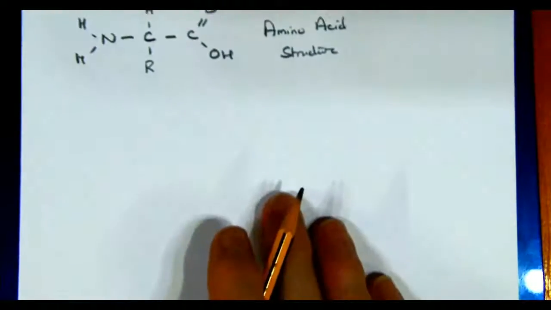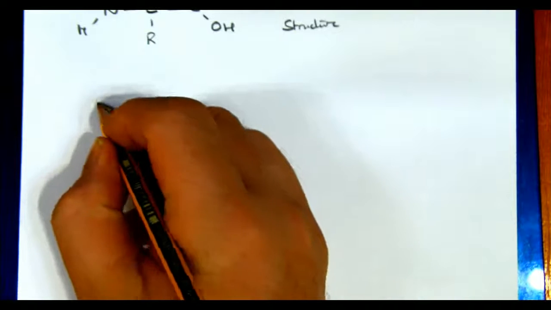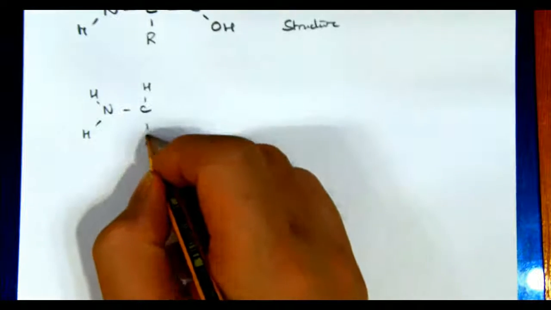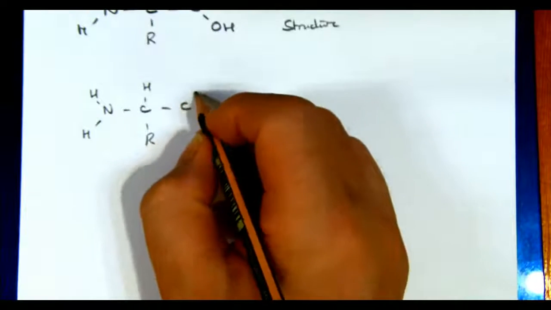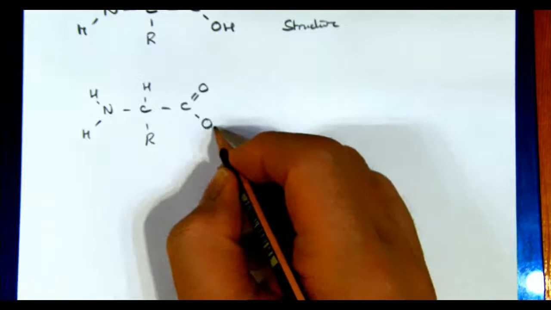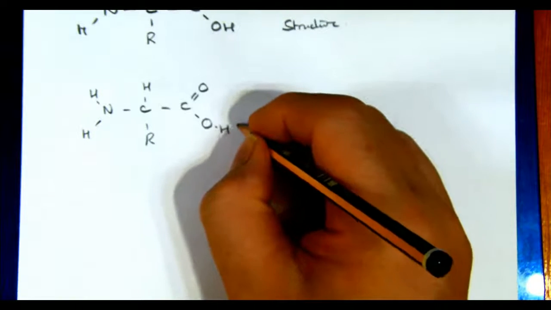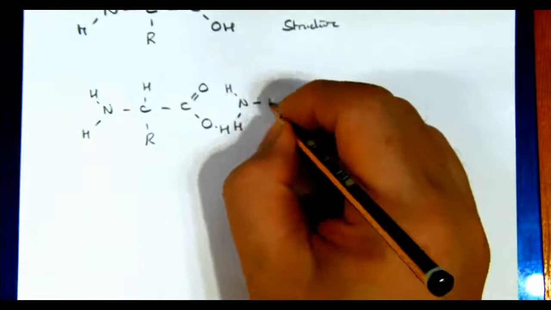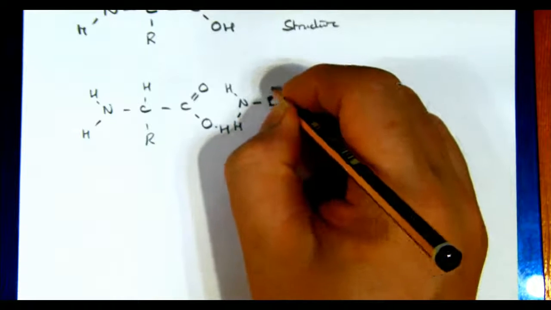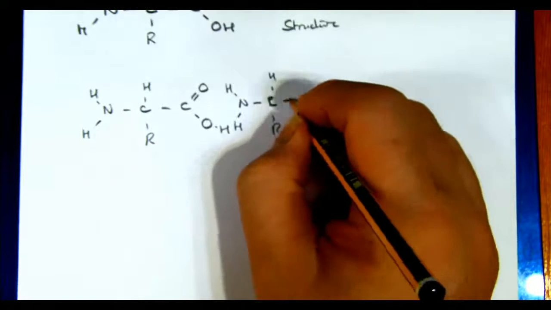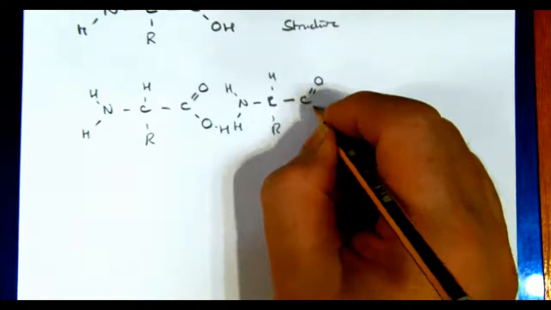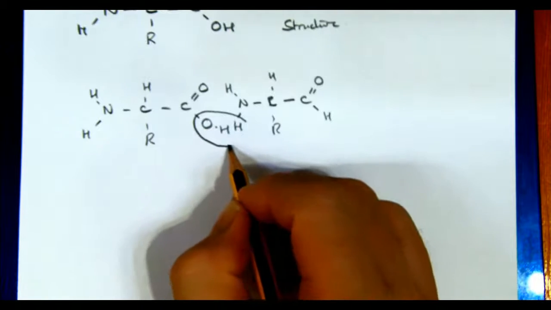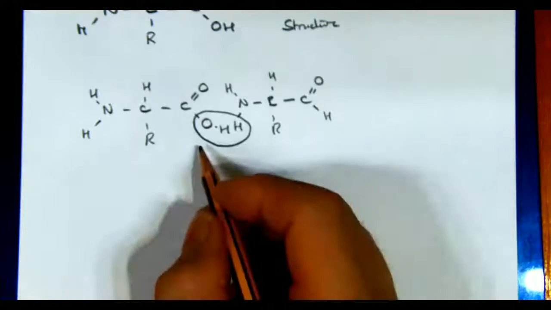Let's join two of these together. We're going to make a dipeptide. So these two are going to come close to one another. This is going to be removed.